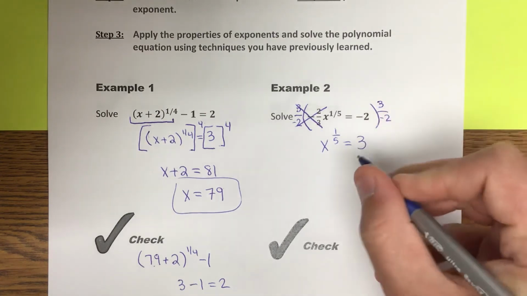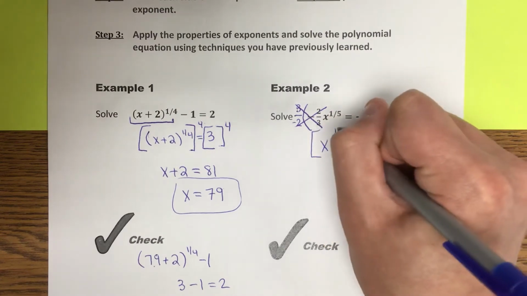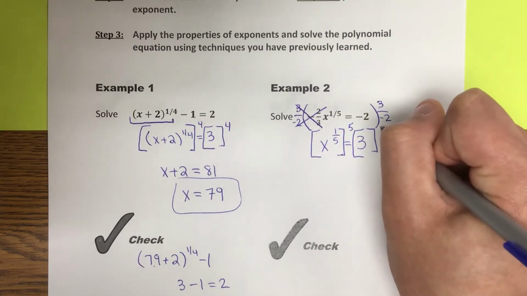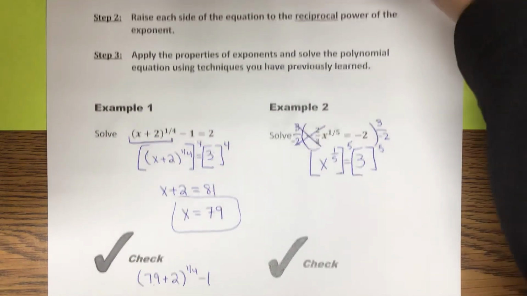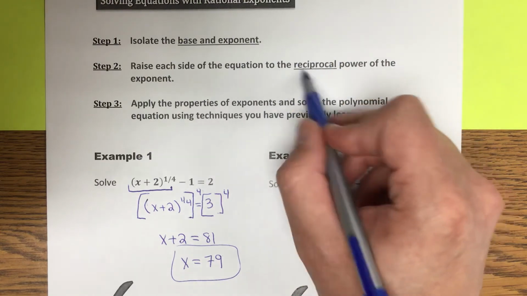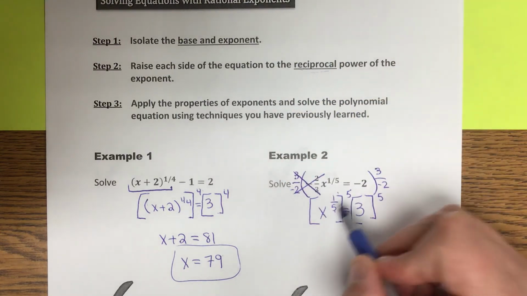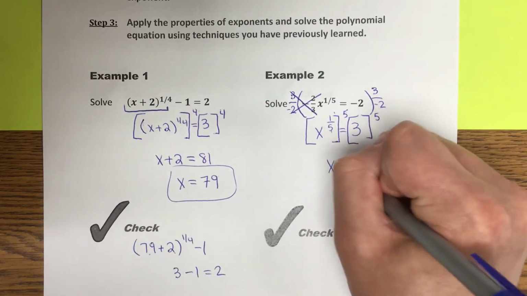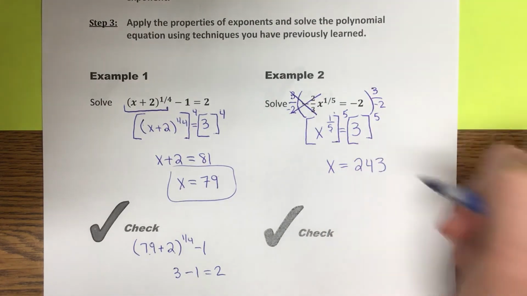And so then you'll raise both sides to the 5th power, and that's what it says to do in step 2. Raise each side of the equation to the reciprocal power. So if it's 1/5, you're going to use 5/1, or just 5. So that just means x is equal to 243.